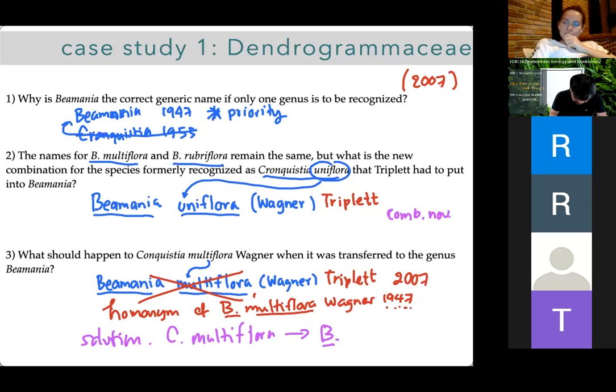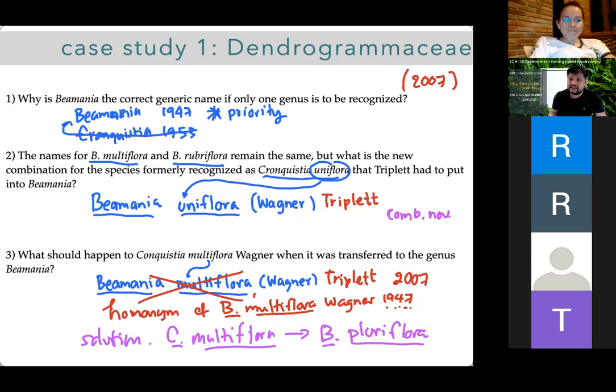So I'm going to give them a new name now. It's like this, periflora. Peri also means multiple. So in this case, you just get a new name for it to make sure that you avoid the homonym. So the first thing you should do is move them over, and if that combination is a homonym with something else, you give it a new name. So the new name also has a status called nomen novum, nom. nov., new name.